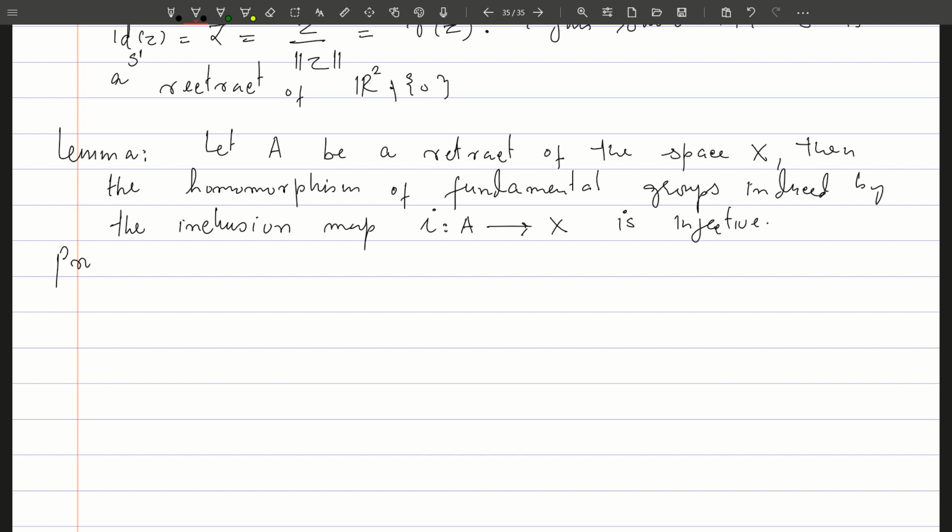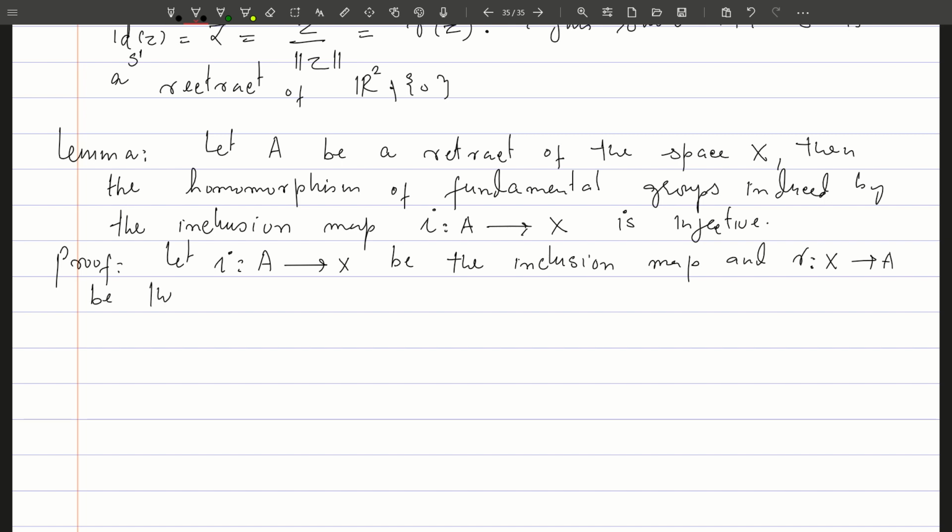So we have the proof. Let i from A to X be the inclusion map, and r from X to A be the retraction.